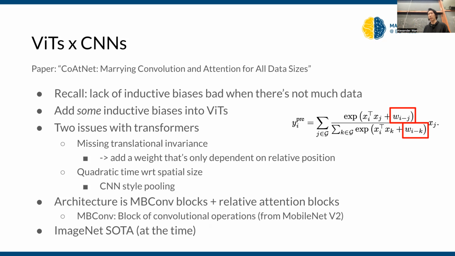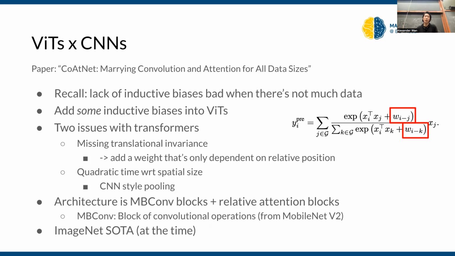With images, there are a lot of features that don't depend on their absolute positioning and only depend on their relative positioning. This extra learned parameter lets you encode that really easily and efficiently, instead of having to learn it for all of your tokens.